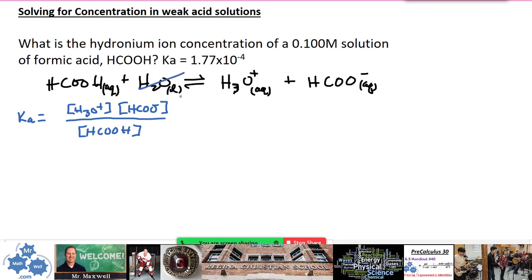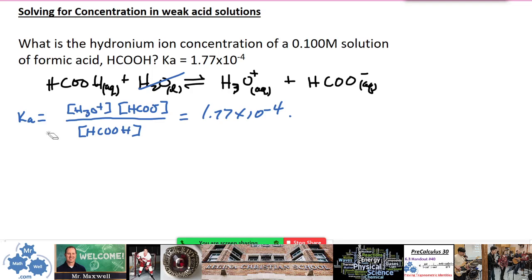And water is omitted because its concentration doesn't change. All right. So that's what we have, and we also know that this Ka is 1.77 times 10 to the negative 4, which is still fairly small. Weak acid.